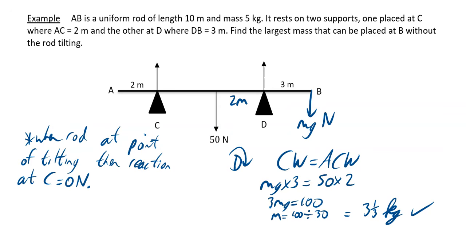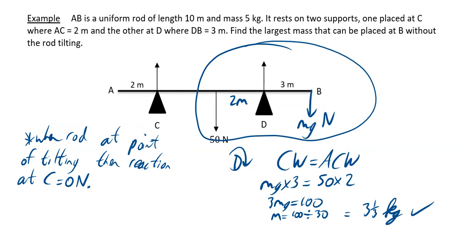Okay, just want to go through that one again. Your mass mg was put onto this end, which causes this force here at C to get a lot lower. If it's on the point of tipping, the reaction at C is equal to 0. So then the whole system just comes down to these forces.